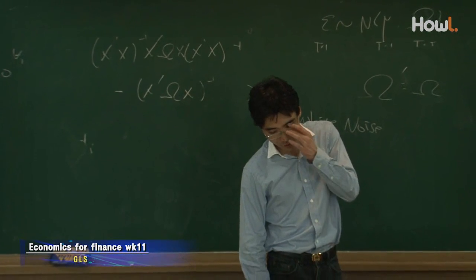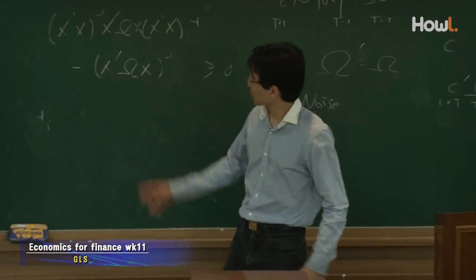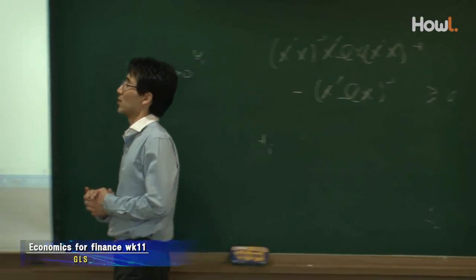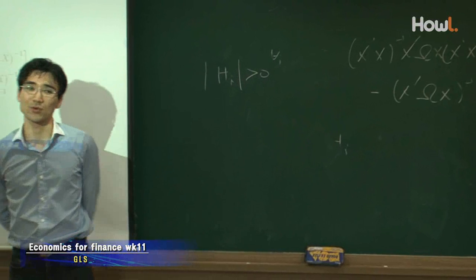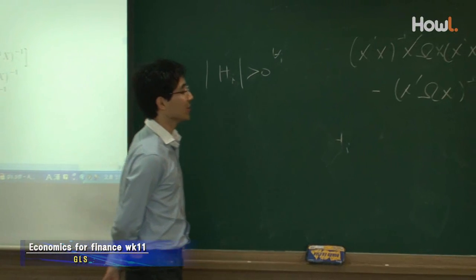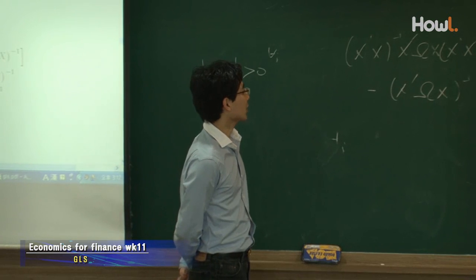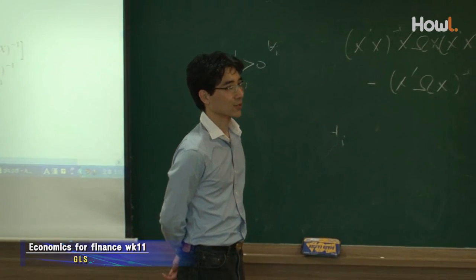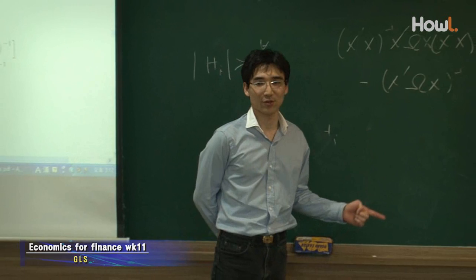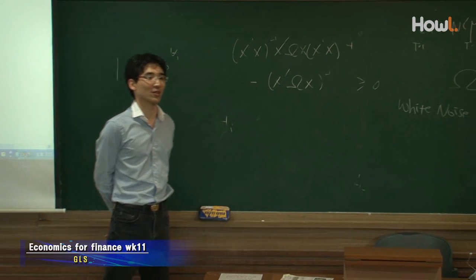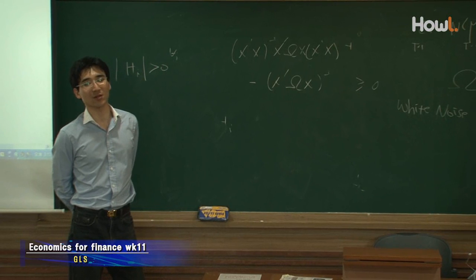So basically, the conclusion is a comparison between the GLS estimator and the OLS estimator. And you can make a more general argument: for any linear estimator of beta, its variance is greater than that of the GLS estimator. Which means that the GLS estimator is the most efficient in the class of linear estimators.